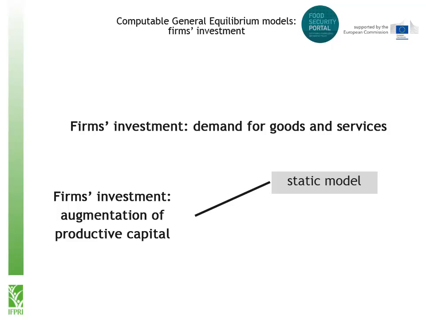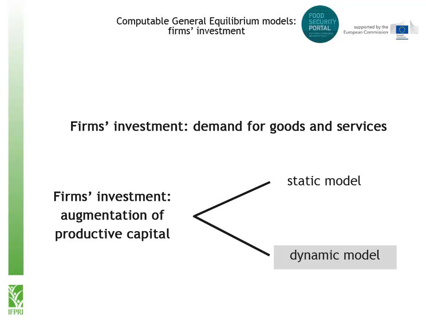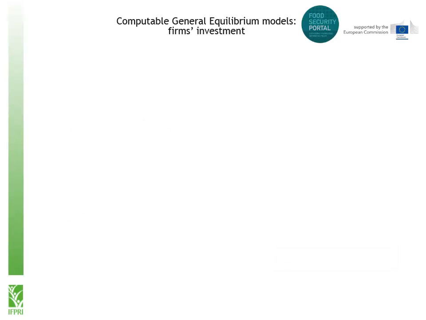So we do not take into account this aspect of investment because we consider only one period. In a dynamic model, we should take into account this aspect and we should increase capacities of production in the next periods of time. So how does firms investment modify the Computable General Equilibrium Model?